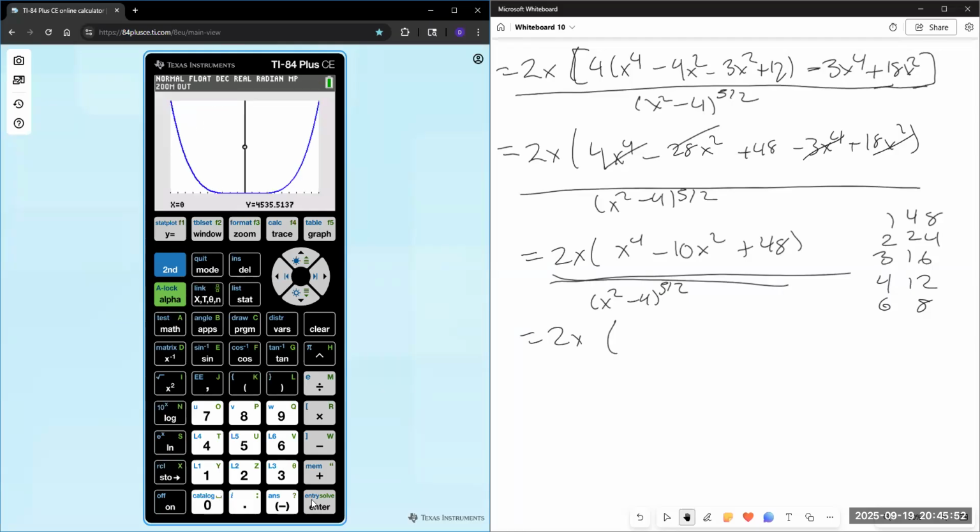Zoom out. And let's zoom box right here to make sure that it never crosses the x-axis. That's what I'm interested in. Zoom box again.